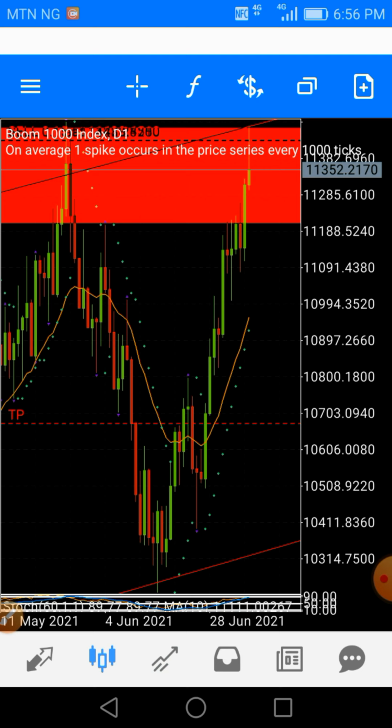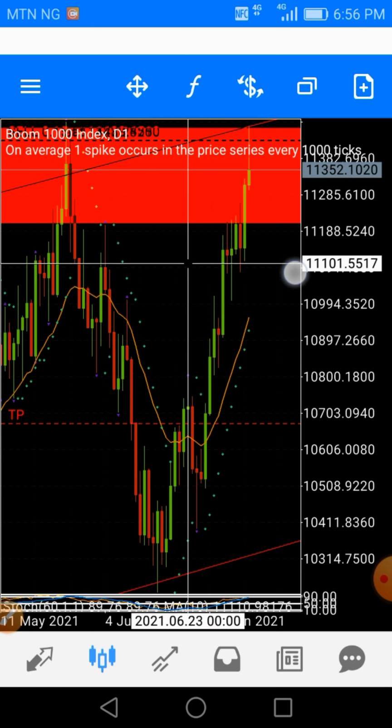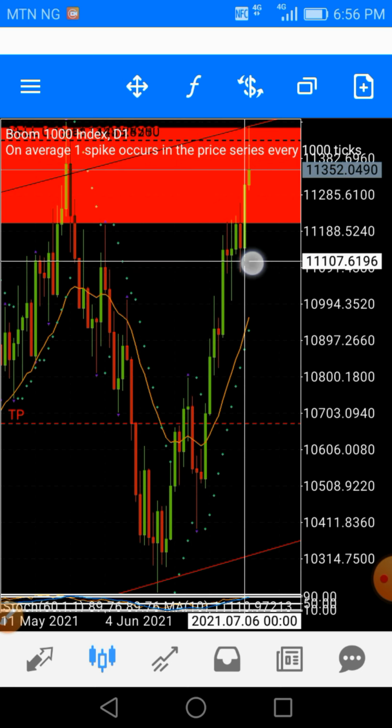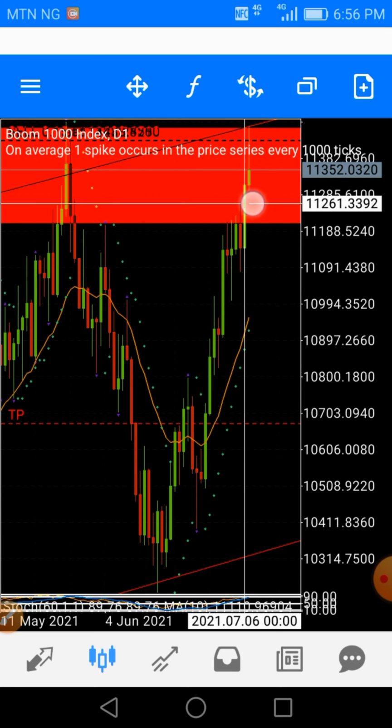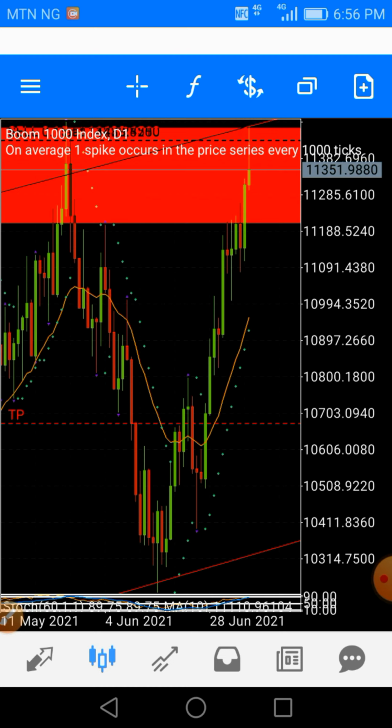So as it is now, I can leave my trade running. The only thing I will have to do is maybe come back to lock my profit, when the trade has gone maybe somewhere here, or somewhere here, I'll bring down my stop loss below my entry point just to lock my profit.